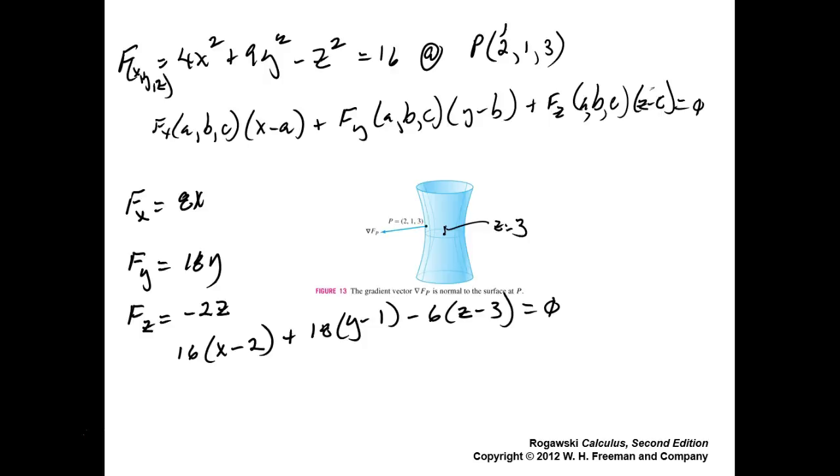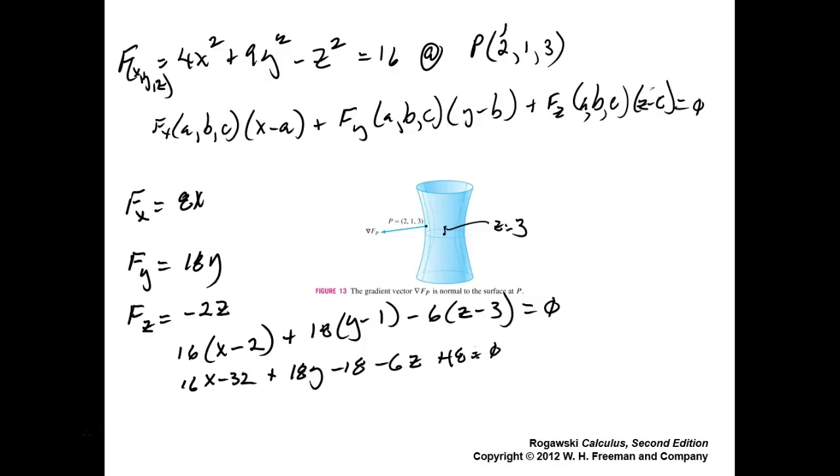Now, if you want to make it look a little neater, that'd be 16x minus 32 plus 18y minus 18 minus 6z plus 18 is equal to 0. My writing really stinks, but that's a plus 18.